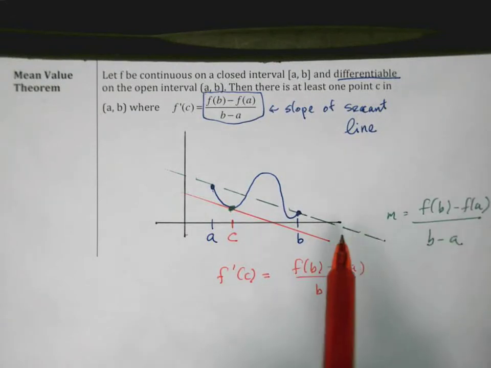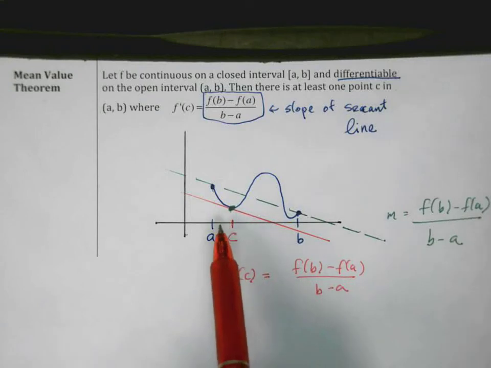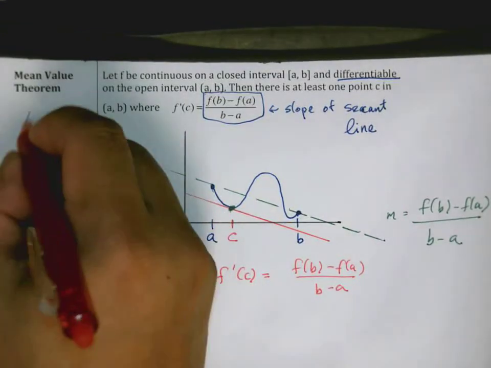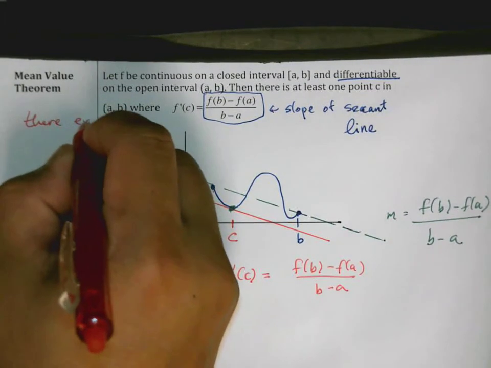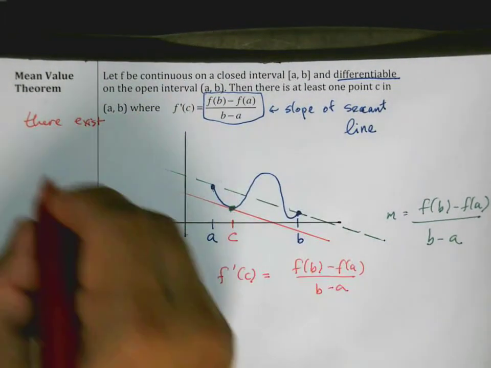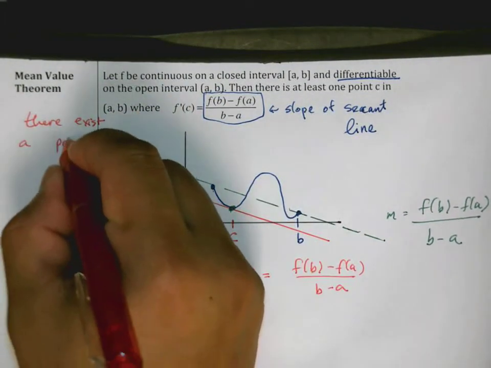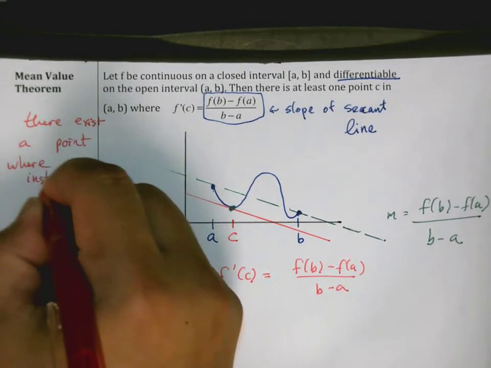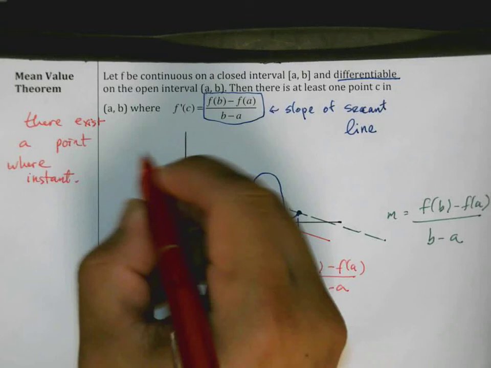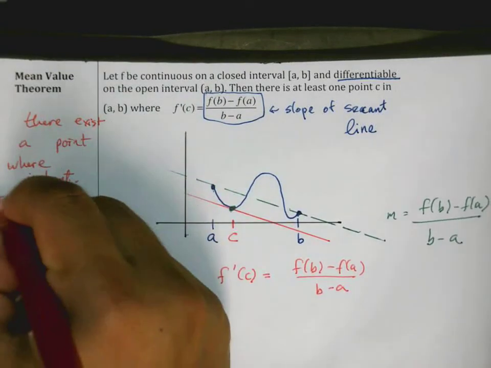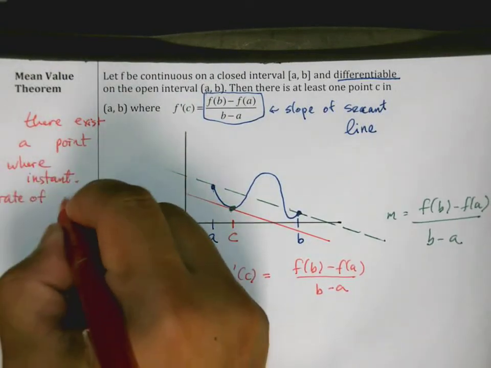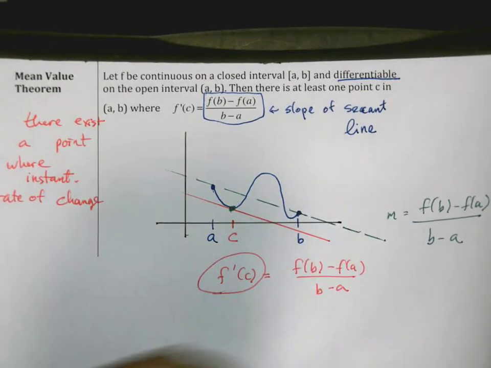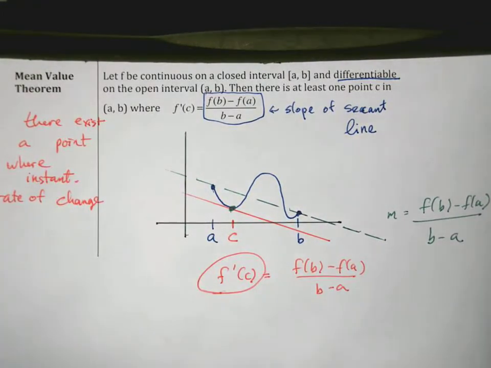So this is really saying there exists a point where the instantaneous rate of change equals the average rate of change.